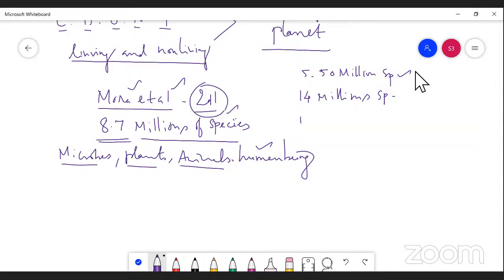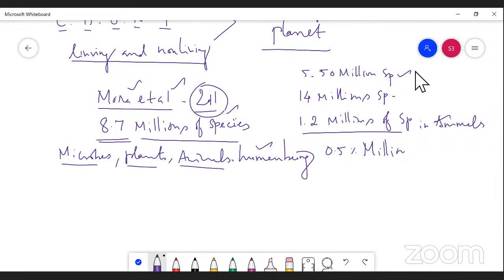Another one: 2.2 million species in animals, and 0.5 million species in plants.